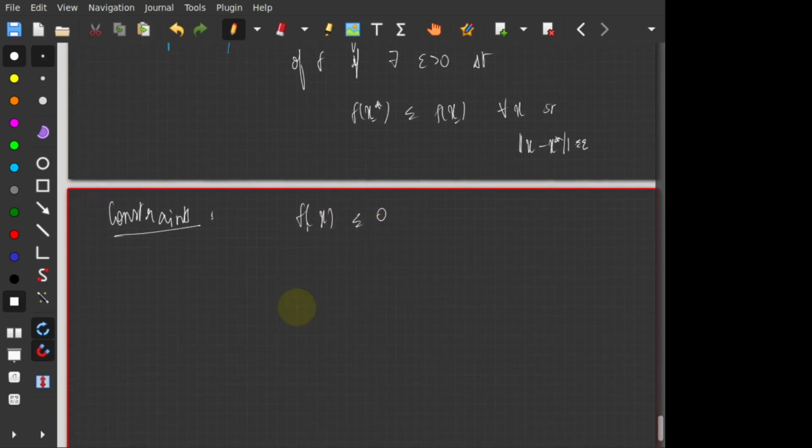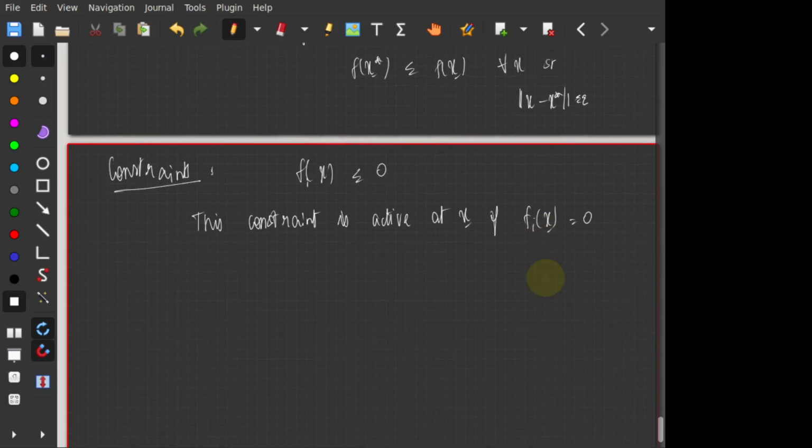We say that this constraint is active if the point x is such that fi of x is equal to 0, and it's inactive otherwise.